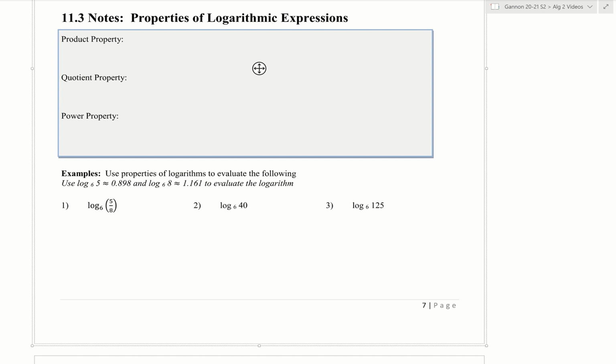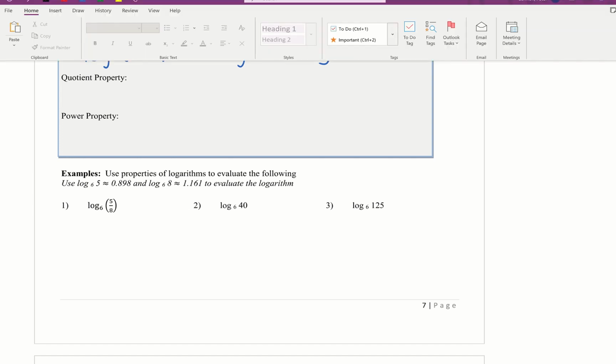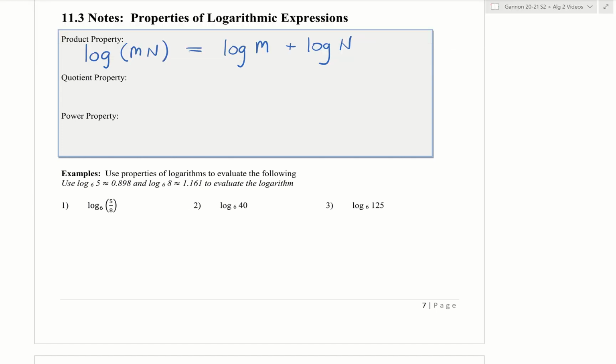And what the product property says is if you have the log of the product of two values, so log of m times n, that is going to be equal to the sum of the logs. So log of m plus log of n. Now in this situation, when I wrote it, I just used the common log.